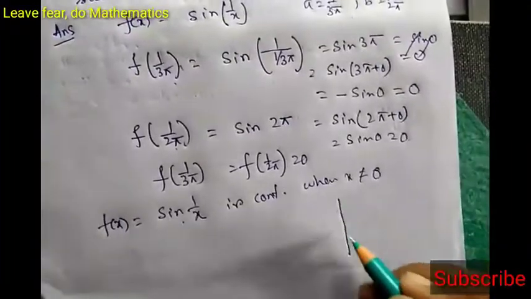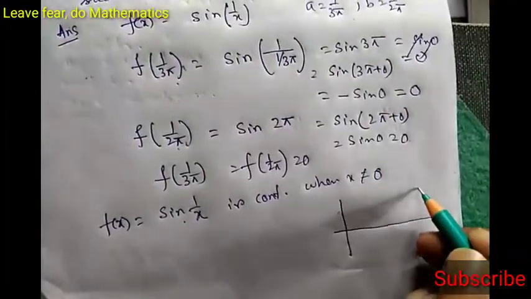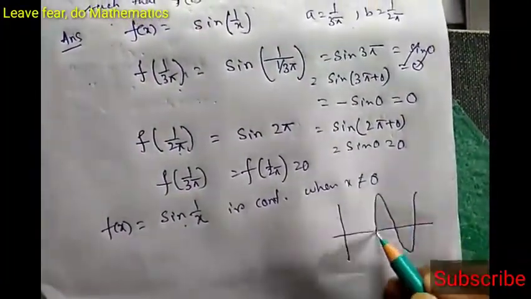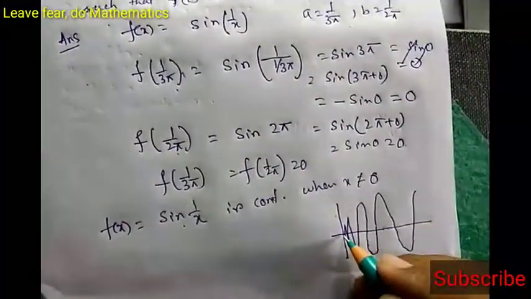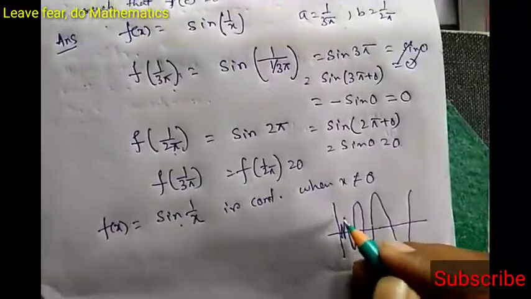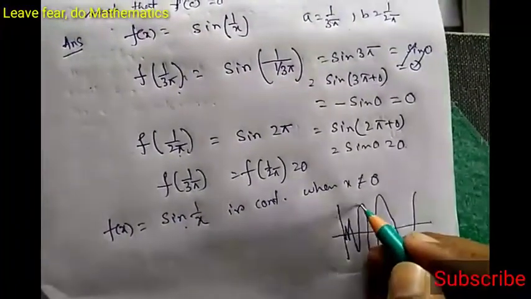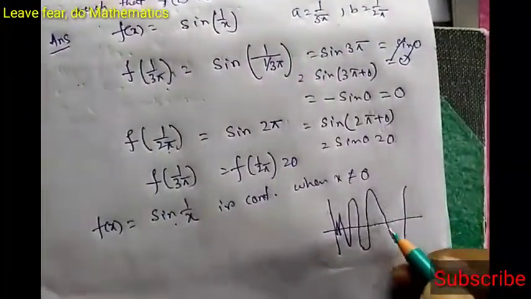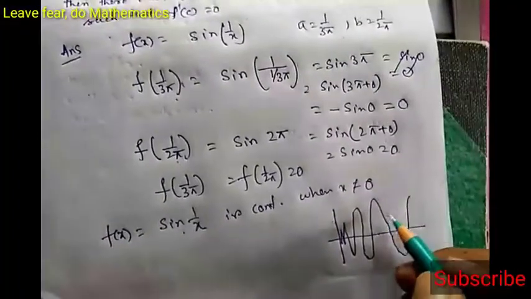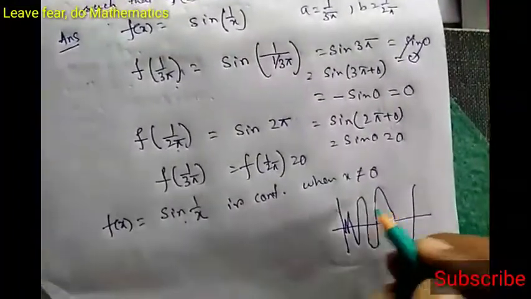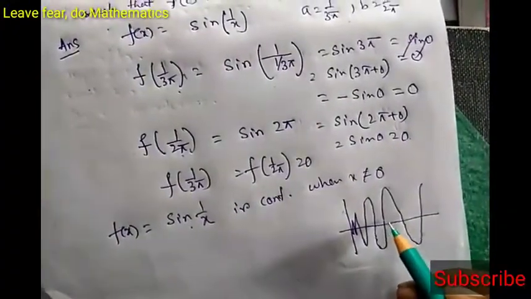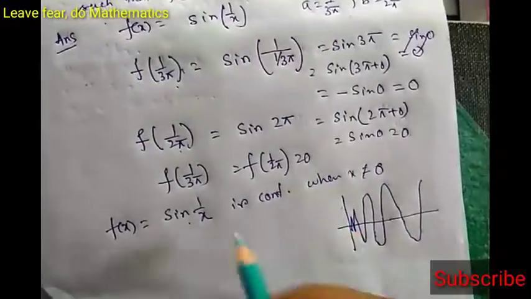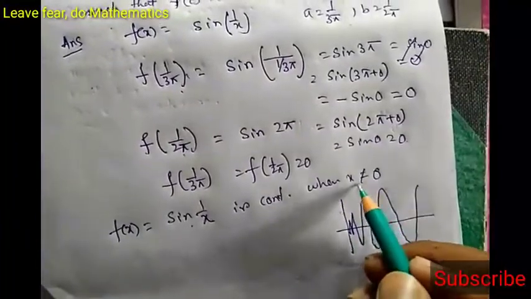If we draw the graph, it will look like this: it does not touch the point 0 and it oscillates fast there. But elsewhere it is continuous. Look, there is no discontinuity, and we can draw the graph without lifting the pen from the page. So this graph is continuous clearly, and not continuous only when x equals 0.